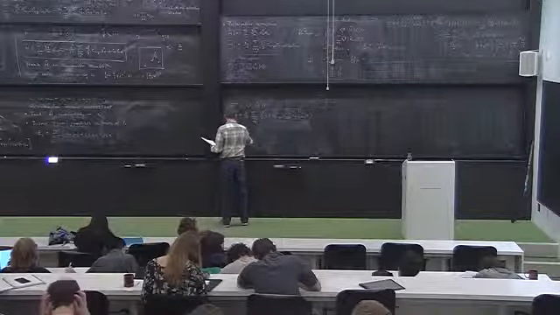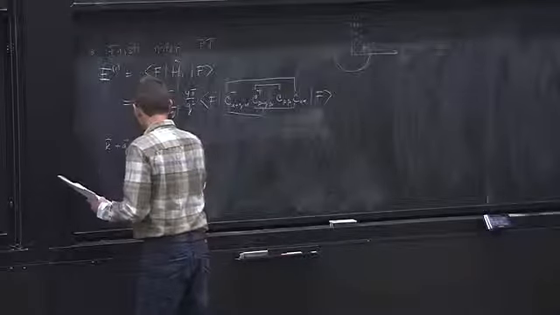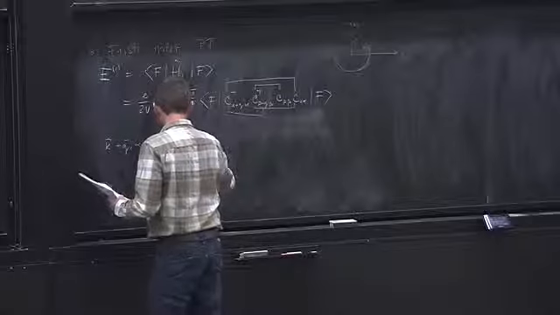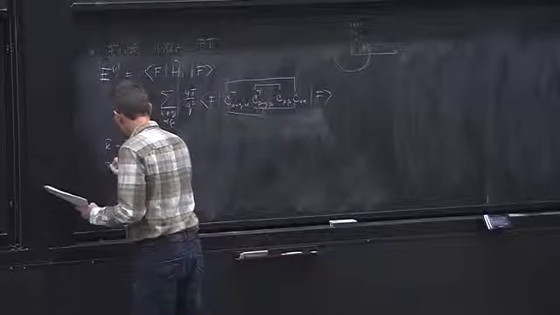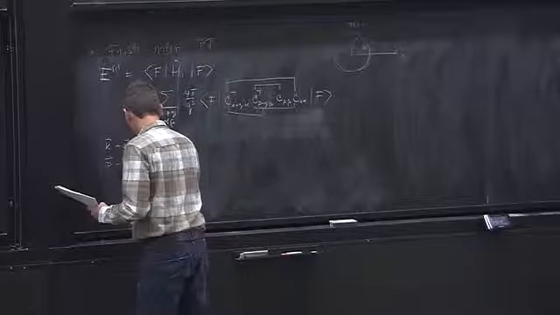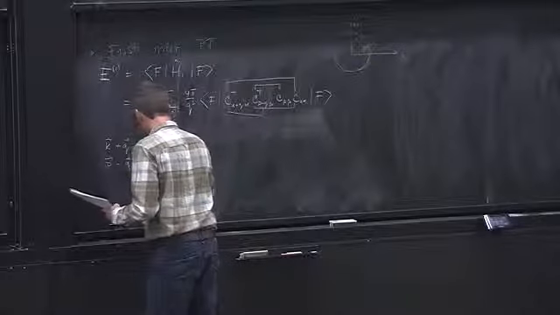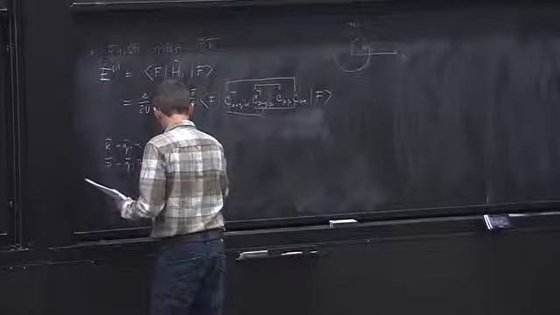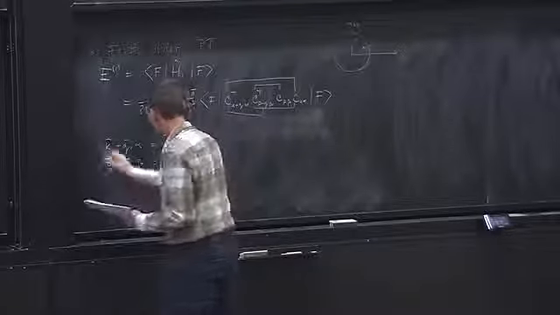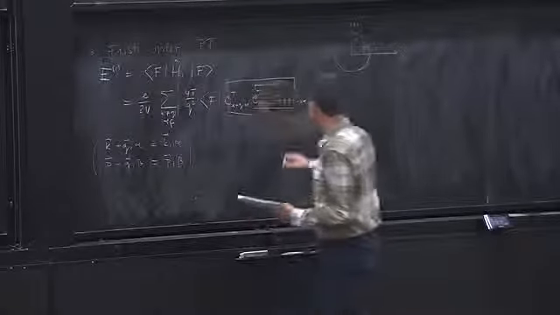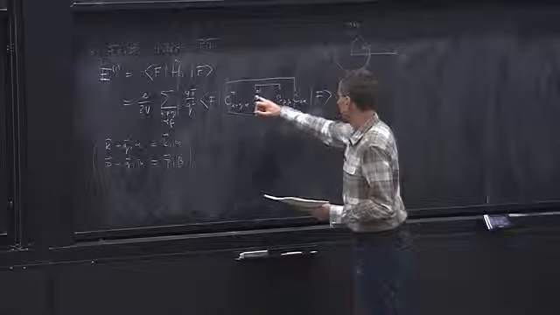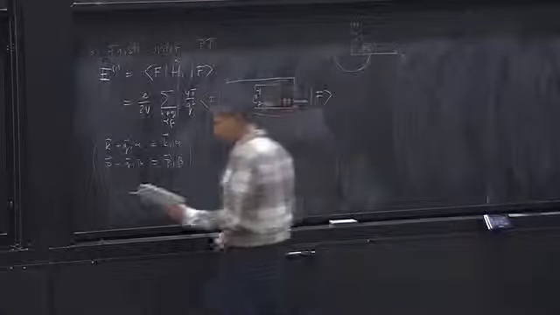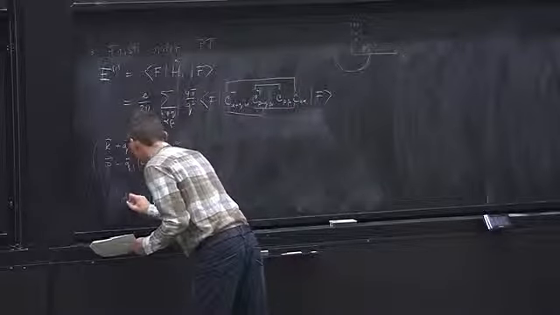Either K plus Q, alpha is equal to K, alpha, and P minus Q, beta is equal to P, beta. So this is one possibility which represents this upper pairing. And this is called a direct term.